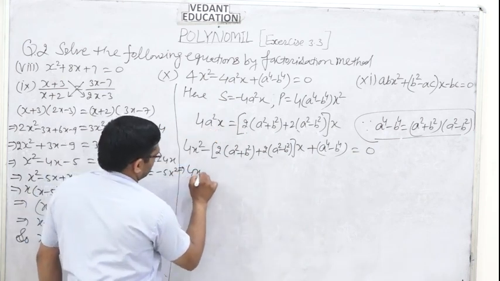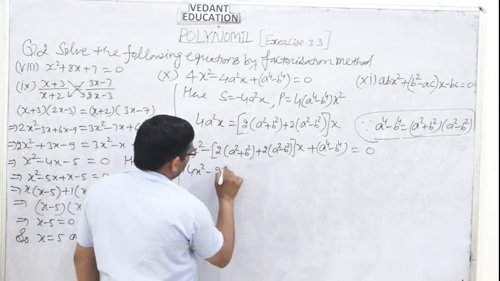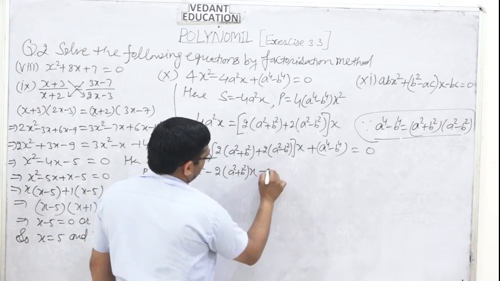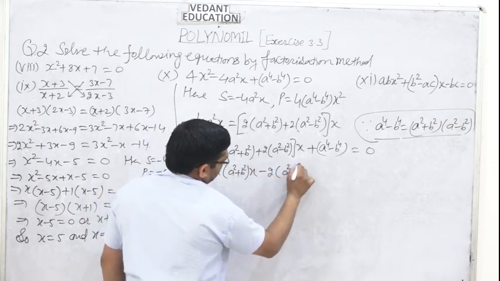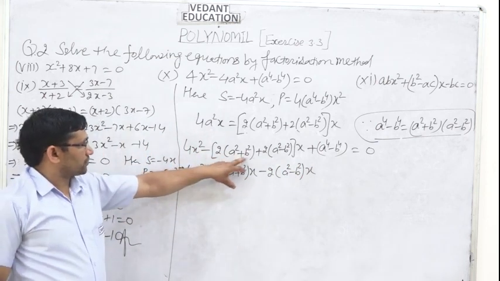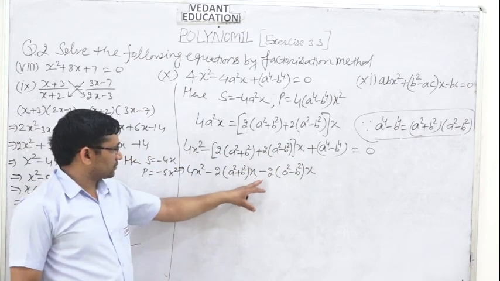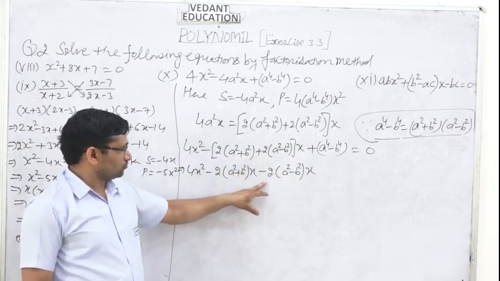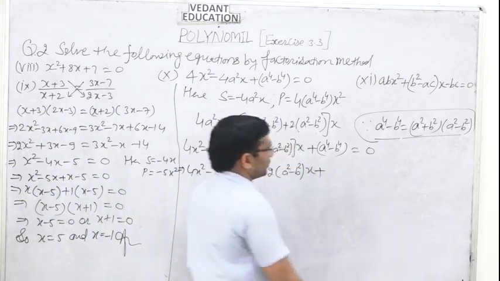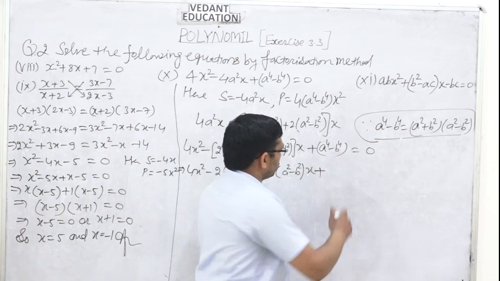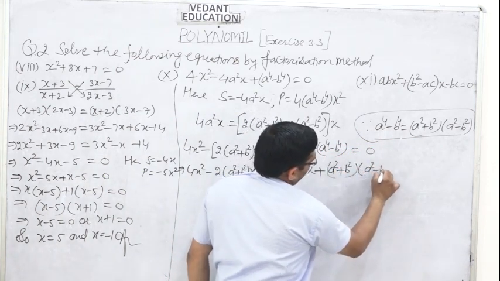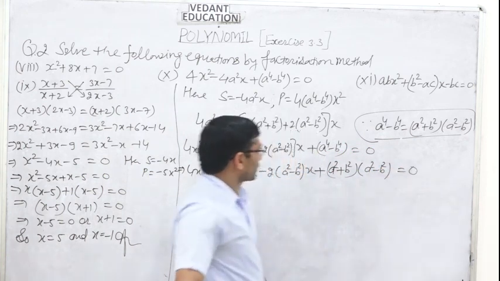That is 4x square minus 2 into a square plus b square multiply x minus 2 into a square minus b square multiply x plus a power 4 minus b power 4, which we can write as a square plus b square multiply a square minus b square, is equal to 0.